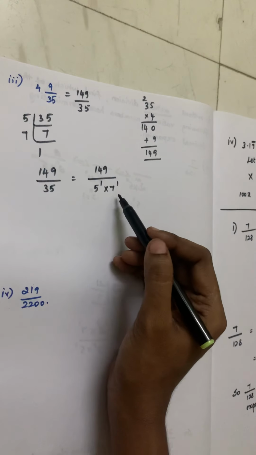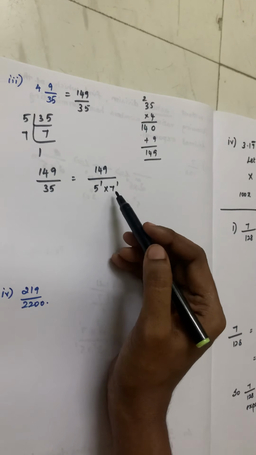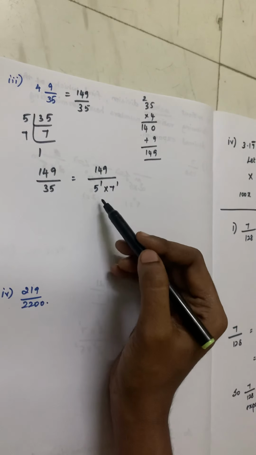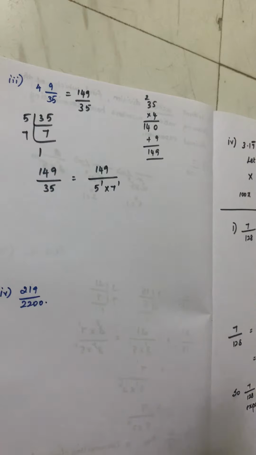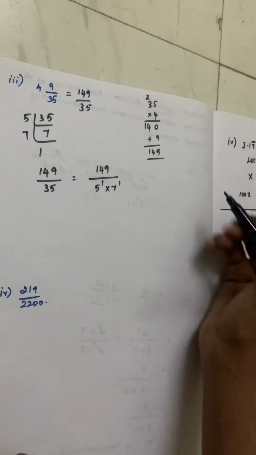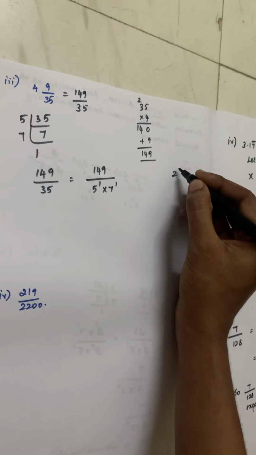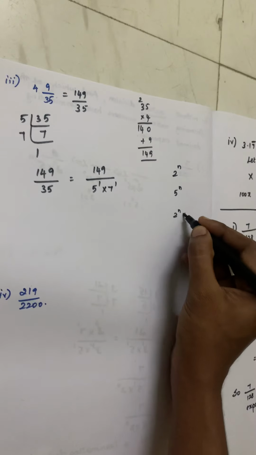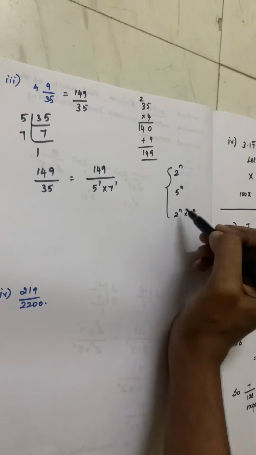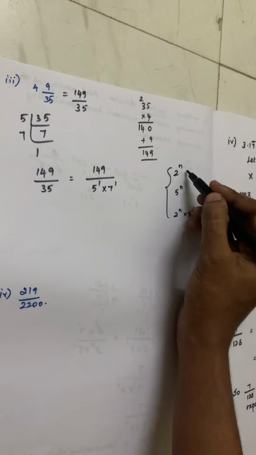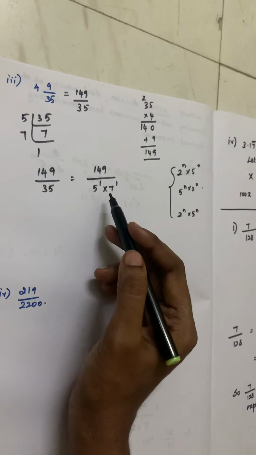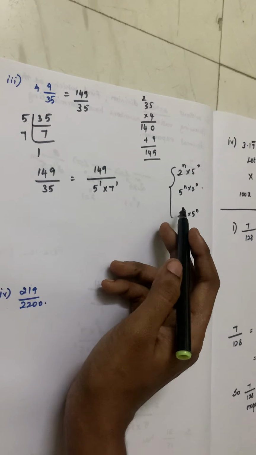You can't add 2 power 0, because here 7 power 1 is there. So the values are totally different. I told you that you should get only three types of values: 2 power n, or 5 power n, or 2 power n into 5 power n. Only these three sets of values should be there. If not, it is not terminating.